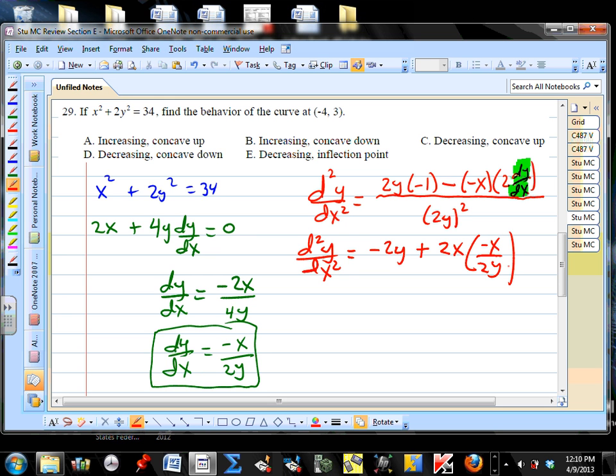Now wait a minute, we can do some simplifying here. First of all, times 2 divided by 2, take each other out, and then we can pull the negative out in front. So we can just call this minus, and then x times x is x squared over y.